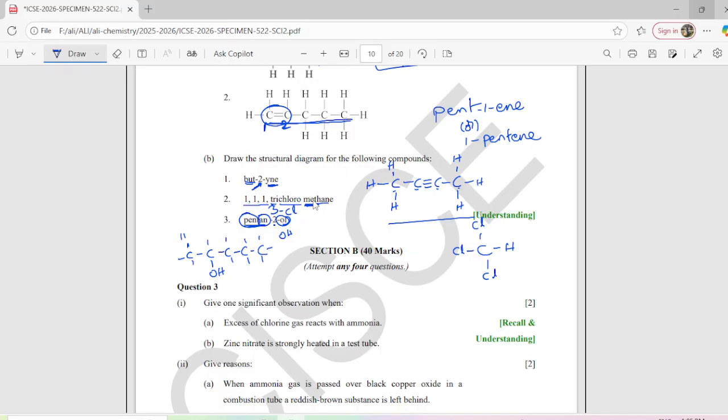And don't forget to put hydrogens. If you miss hydrogens here, marks will not be awarded. So that is compulsory to write the hydrogens wherever it is required. So this will be the structure of this compound, that is pentane-2-ol. So this is about section 1.